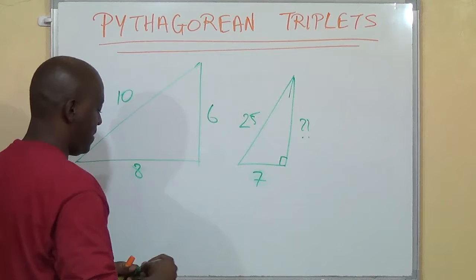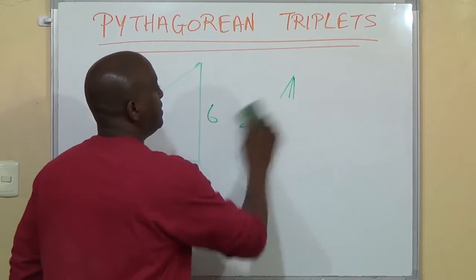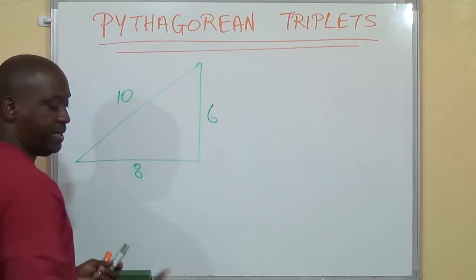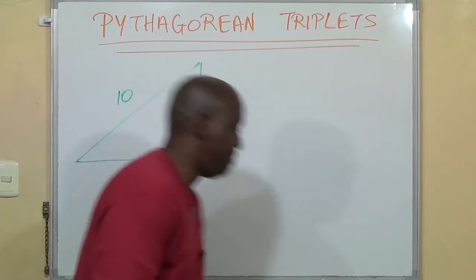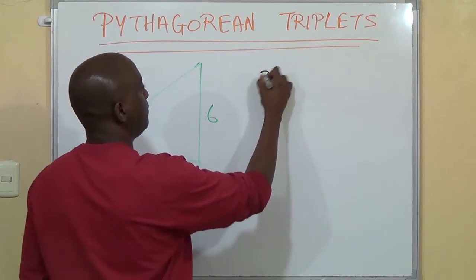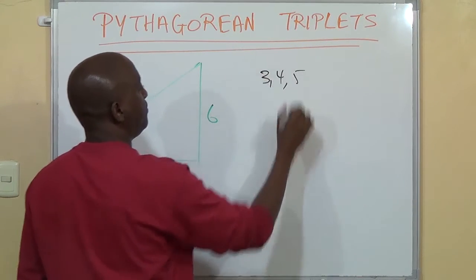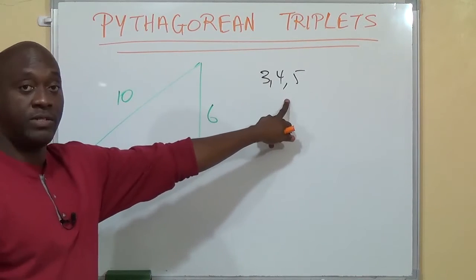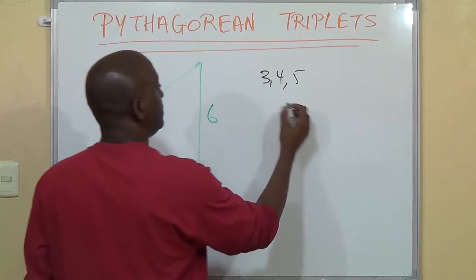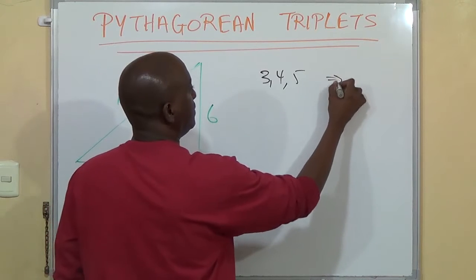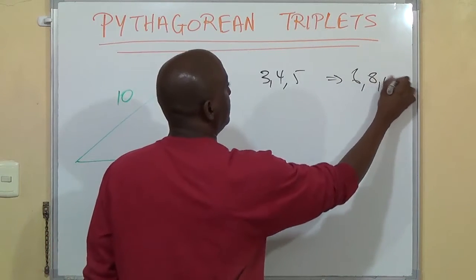The reason is that 3, 4, 5 is the base triplet. If I multiply this whole triplet by 2, I will get 6, 8, 10.